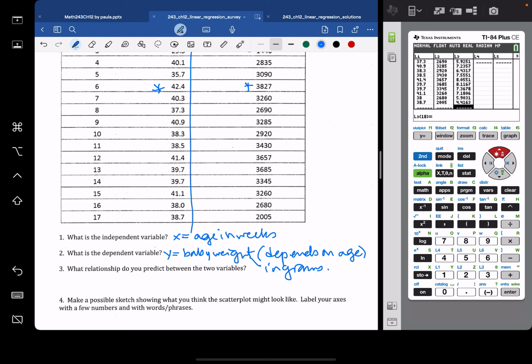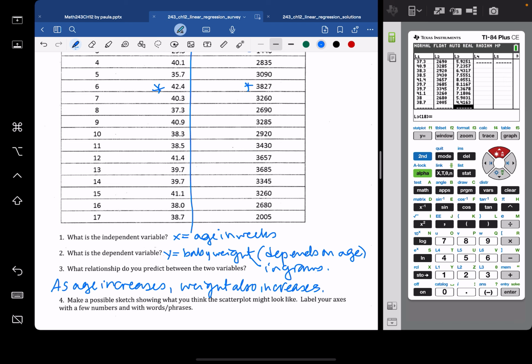What relationship do you predict between the two variables? Not so shocking. As age increases, weight also increases. Notice that I talked about x first, and then I talked about the effect on y. And that's typically how we phrase these.